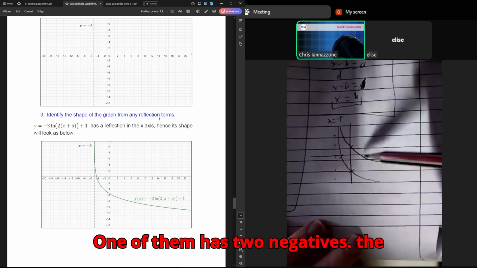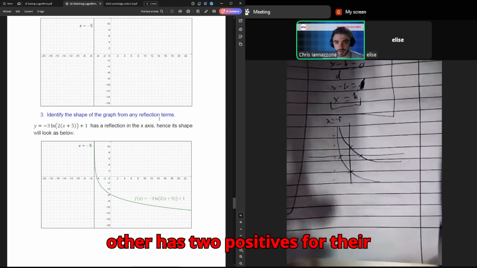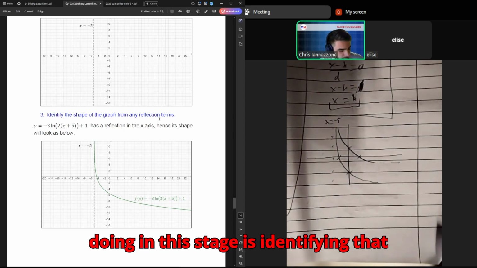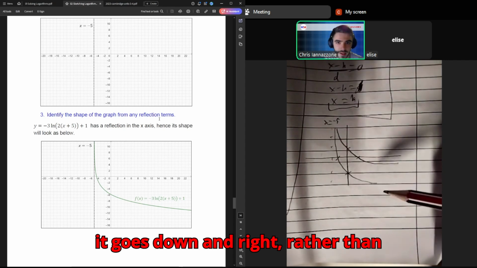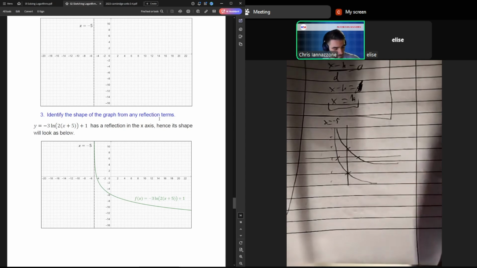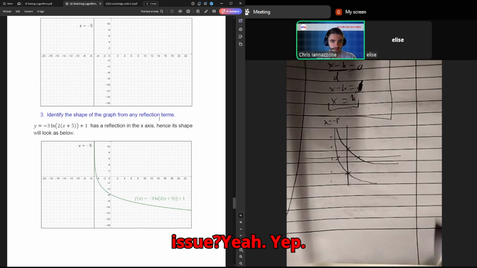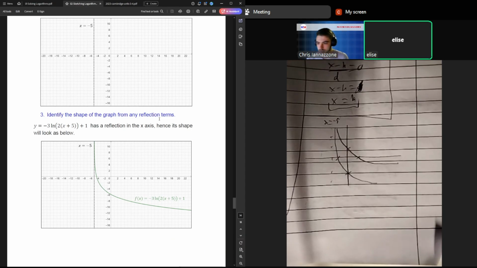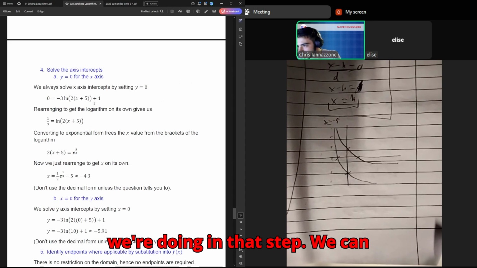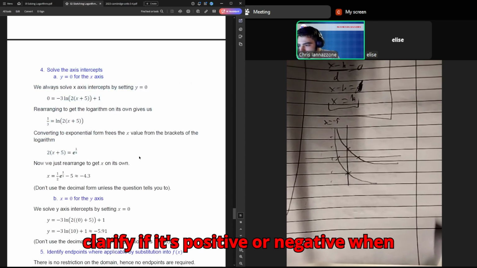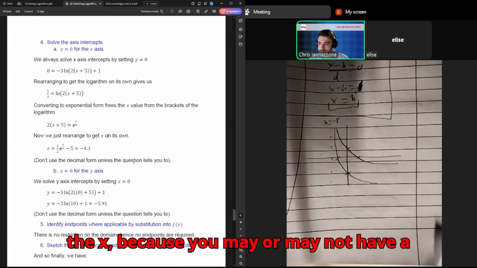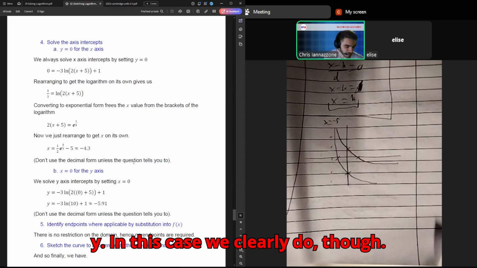One of them has two negatives, the other has two positives for their intercepts. And so really all you're doing in this stage is identifying that it goes down and right, rather than whether it's going through the positive or the negative spots. Clear enough on why that might be an issue? Yep. So as long as you're identifying that it just goes down and right, that's all we're doing in that step. We can clarify if it's positive or negative when we start solving for our intercepts. Specifically, we can only really look at the x because you may or may not have a y. In this case, we clearly do, though.